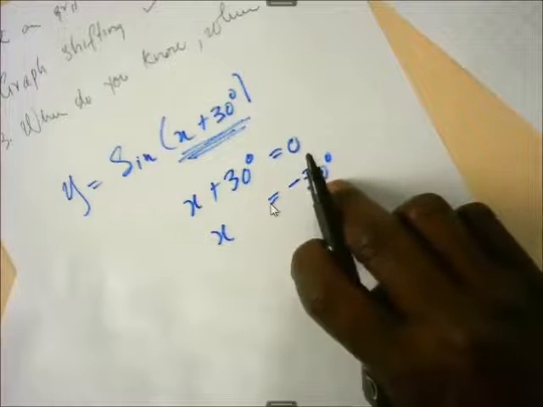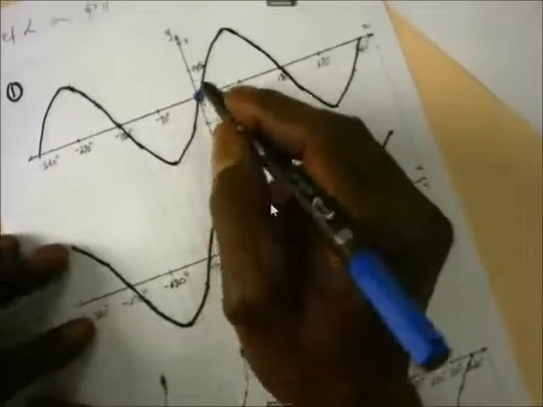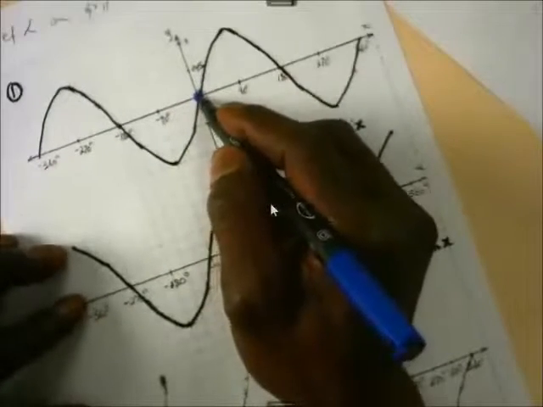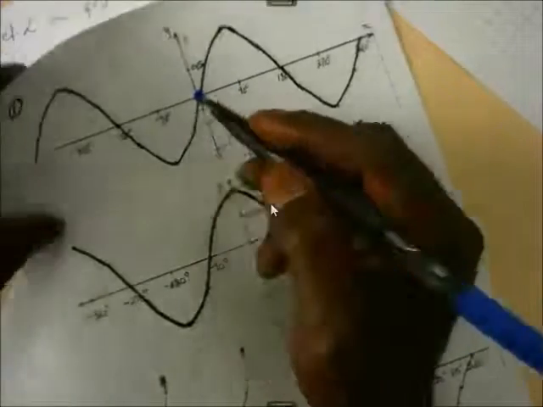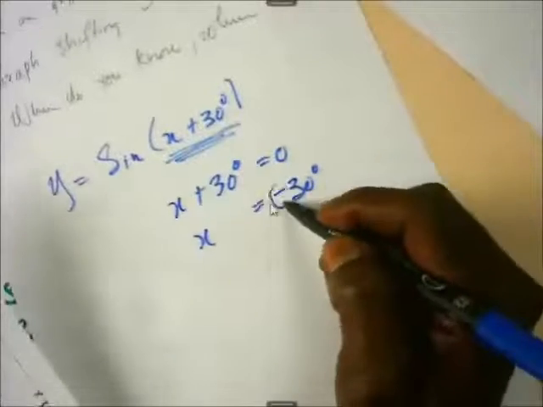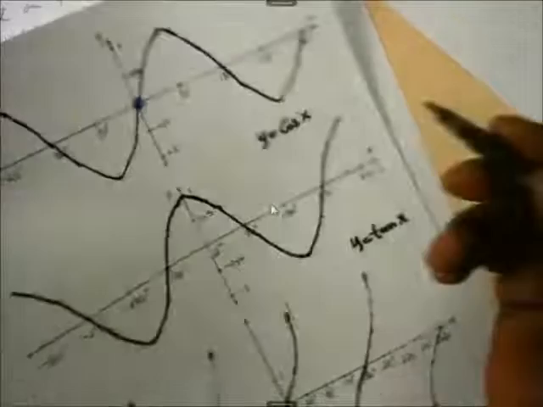It means our mother function, for every point that we are having on the graph of y is equal to sine x, every point must shift to the left. Why to the left? Because of this negative sign here. Then we shift every point to the left.